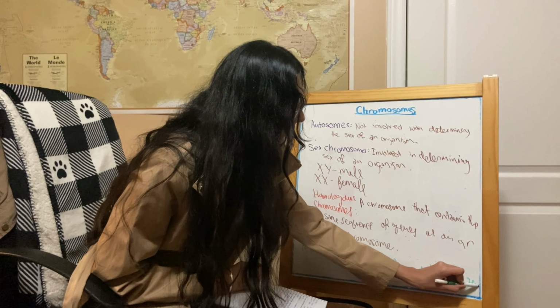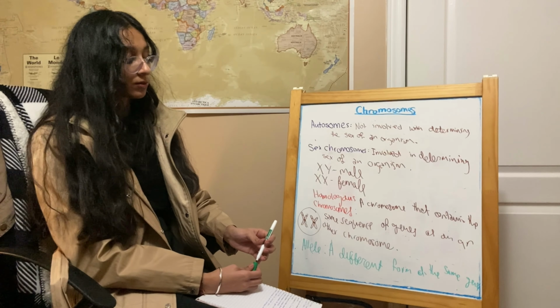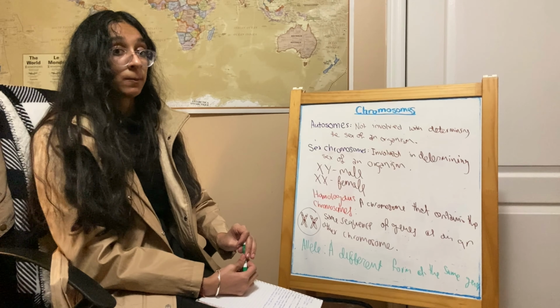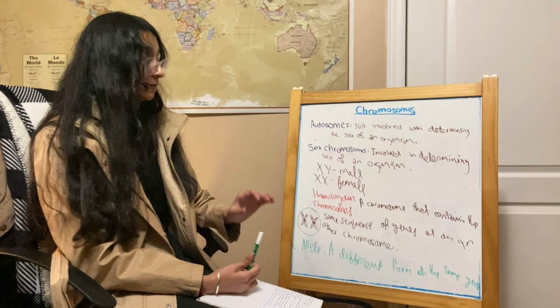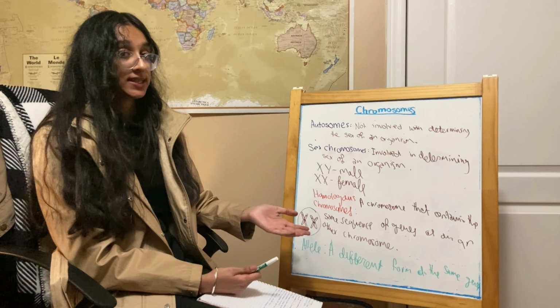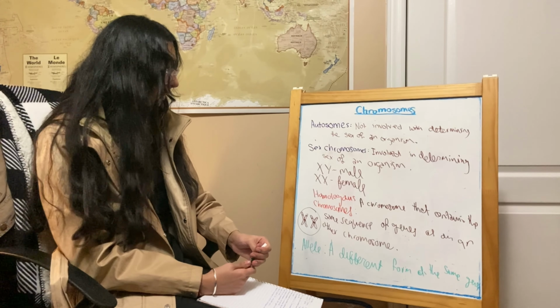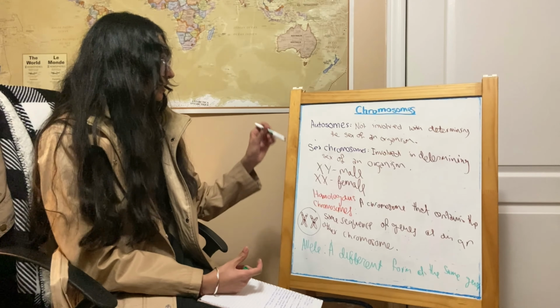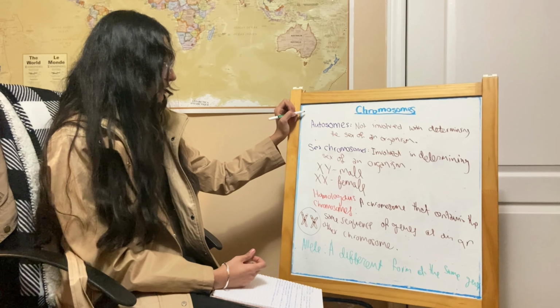So this is how homologous chromosomes are able to have the exact same genes but not be identical, because they have different forms of that same gene, meaning that they have different alleles. So let me just put it right up here because I'm running out of space.